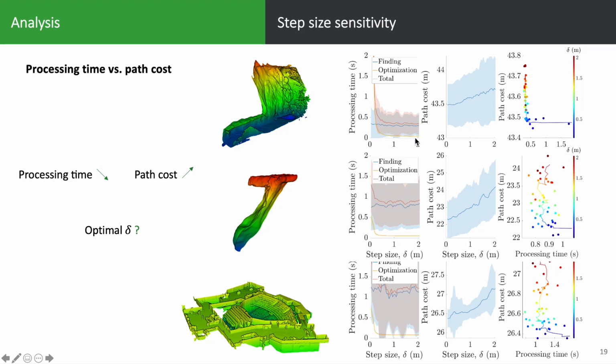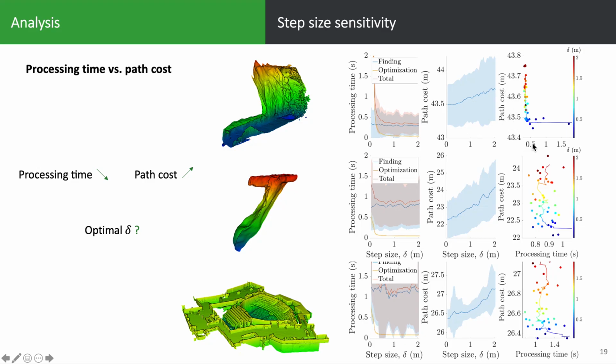This time is therefore very similar regardless of the first path found, for a fixed value of delta, of course. Finally, the total time in red shows a rather steep slope for a very low value of delta. On the following graph, we see the path cost which varies slightly according to delta, but we are talking here about a very small percentage.